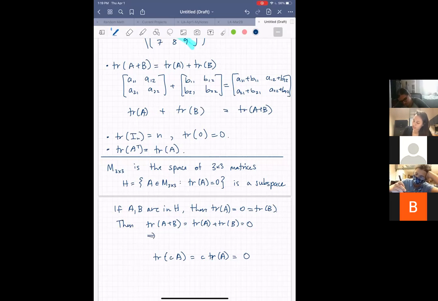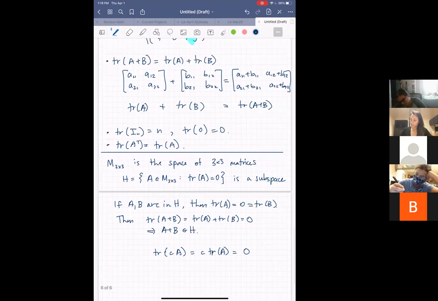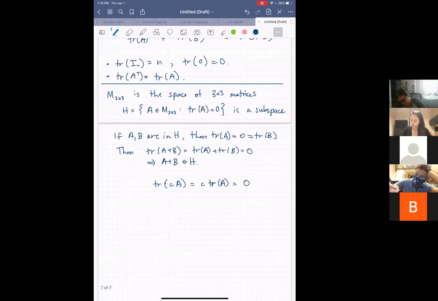So A plus B is in H. And also C times A is in H. So it's closed under addition and scalar multiplication. And it also contains the 0 matrix because the trace of the 0 matrix is 0. So this is a subspace.